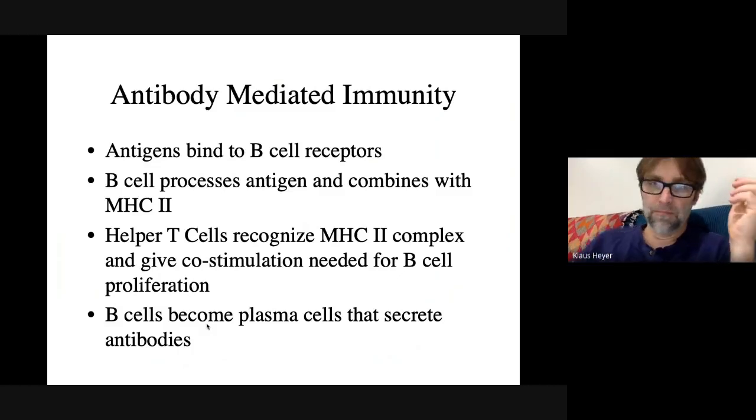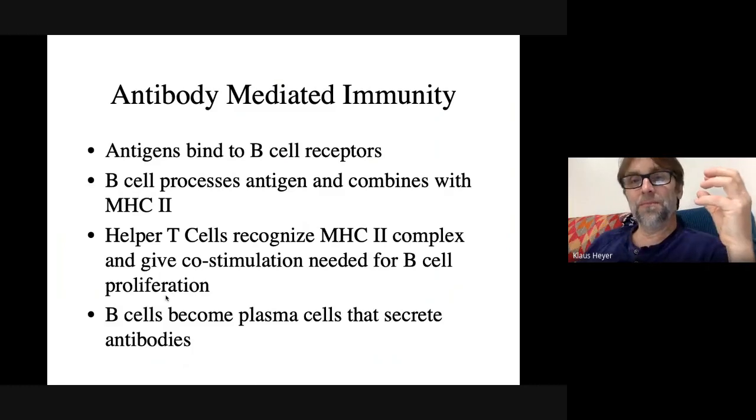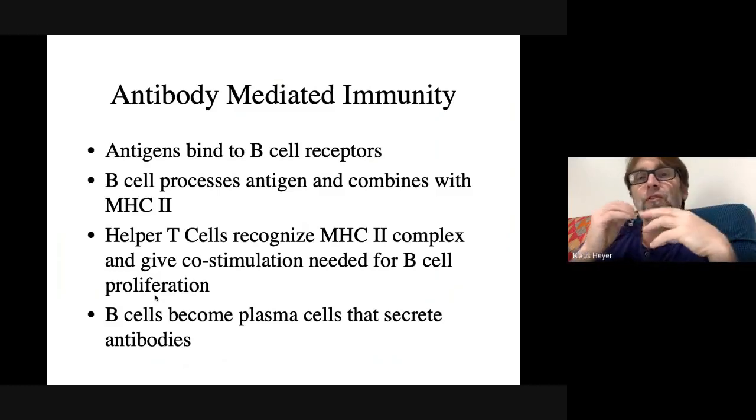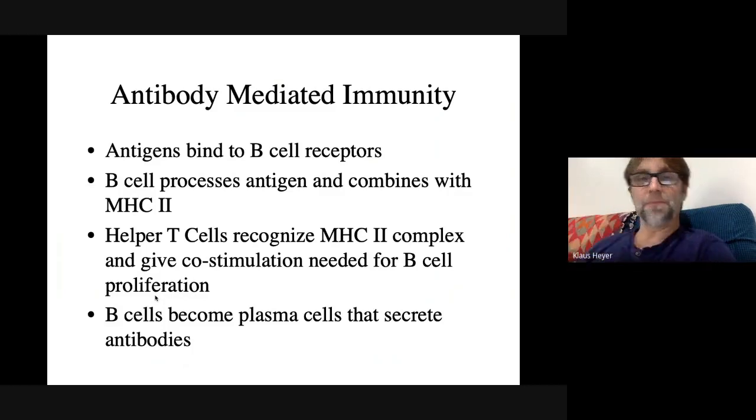Either way, they also start getting revved up, but they also need interleukin 2. The same thing. They need that message from helper T cells. So once you have both stimulations, they're going to start becoming plasma cells, and plasma cells are going to secrete antibodies.